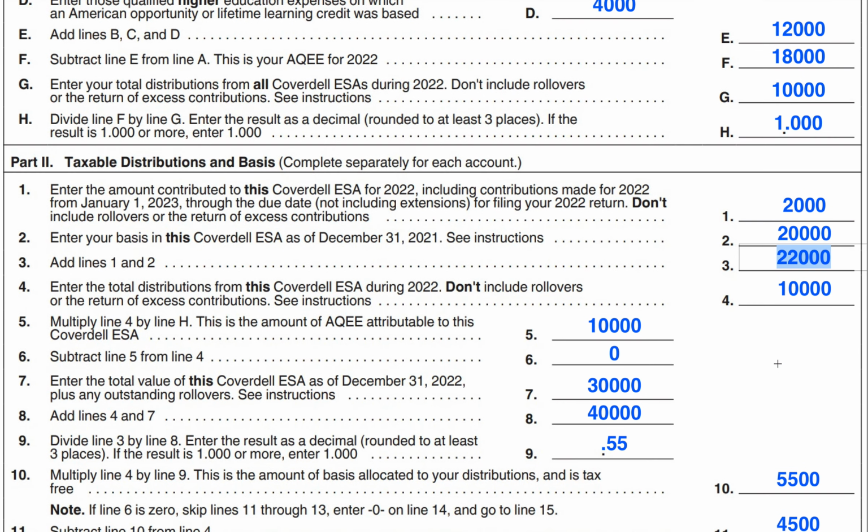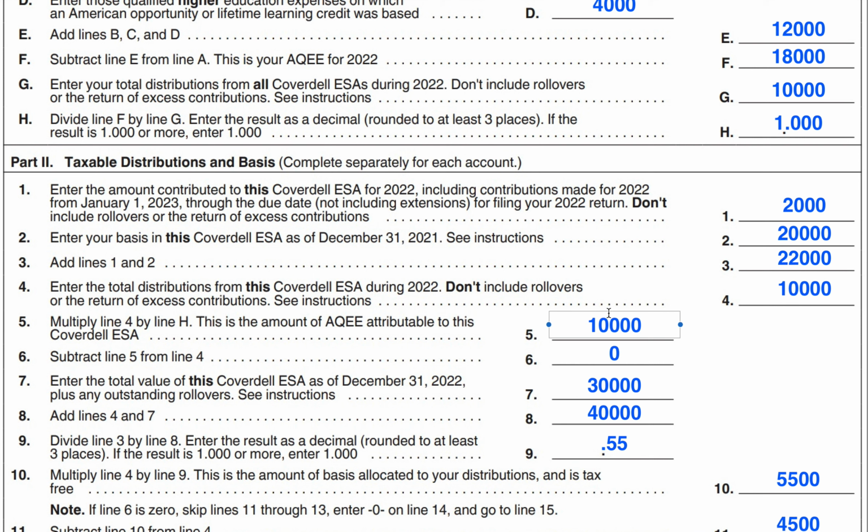So now in line 4, we're going to enter the total distributions. If we had more than one Coverdell ESA, we would have to add up all of these lines. We would have more than $10,000. We would have multiple ESAs, so we would put the total amount into line 4. So in line 5, we're going to multiply line 4 by this H amount, which was 1.00.